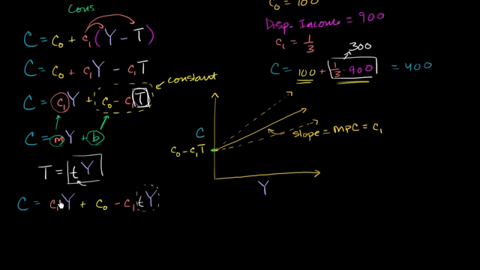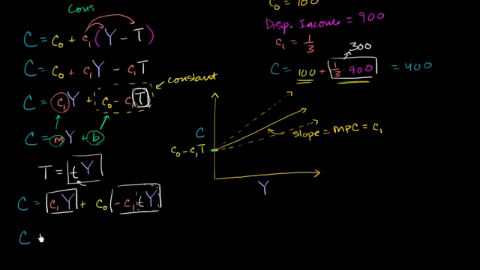And now we can merge both of these. These are something times aggregate income, so we can combine those two terms. Let me just combine them first so that the algebra doesn't confuse you.